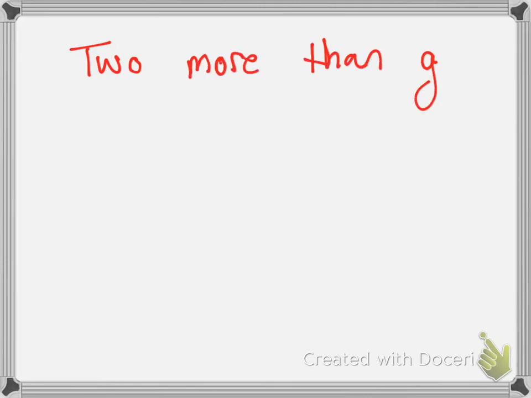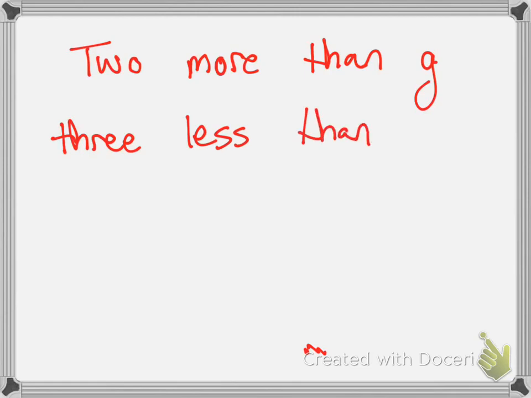The last thing I want to cover here is, what if I said this? I want you to write this as an expression. Ready? 2 more than G. 3 less than F. And 12 times E. I want us to write them.